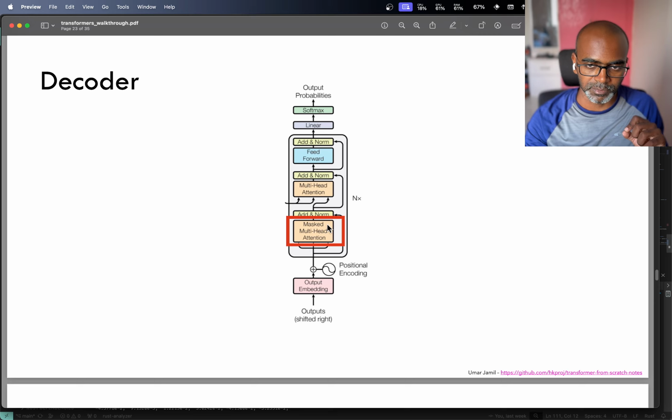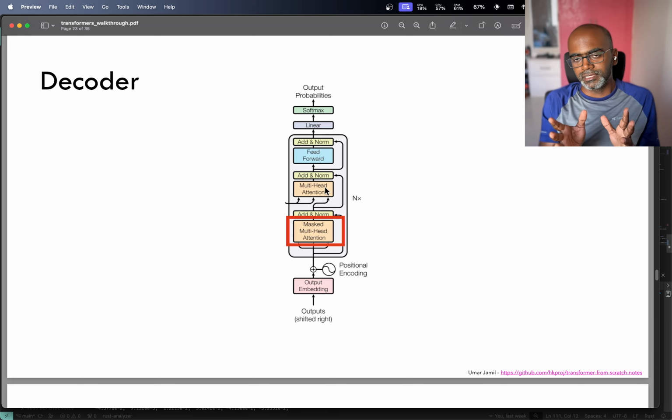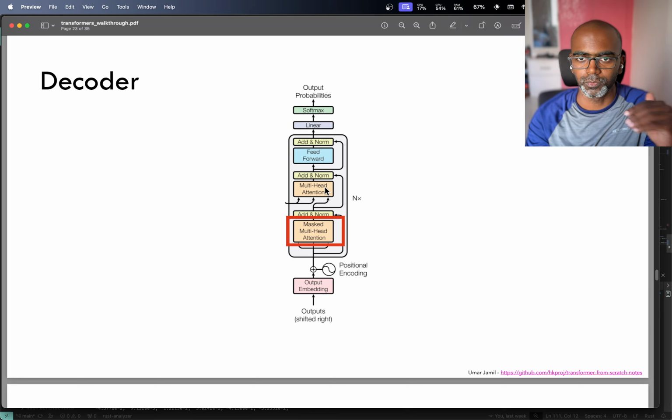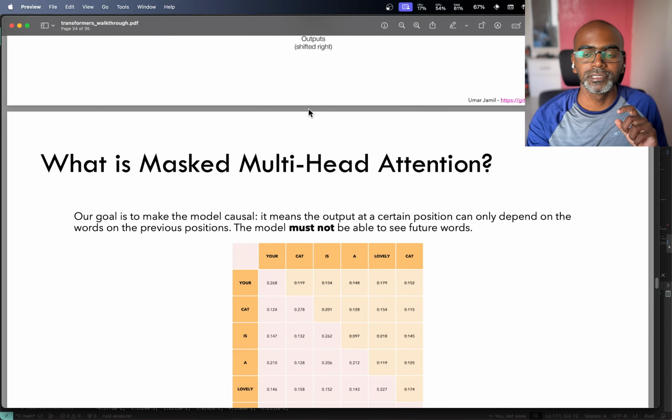Now we'll look at the masked multi-head attention in more detail. But the moment all of this is done, you can put together your decoder layer and your encoder layer, and then have your full model, and output whatever probabilities you want. If you want to do language translation, vision transformers, whatever it is, build that out.